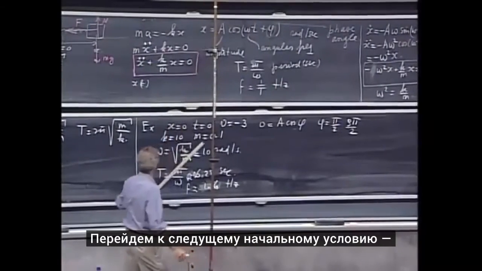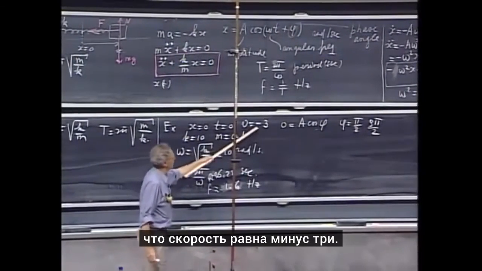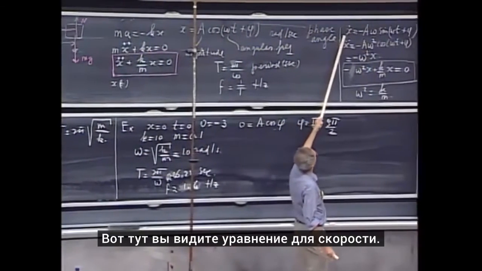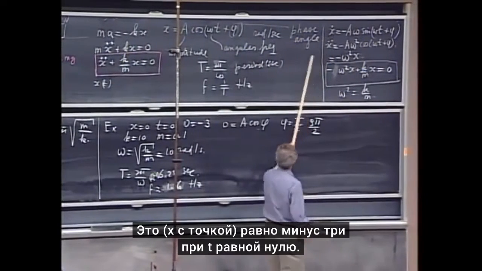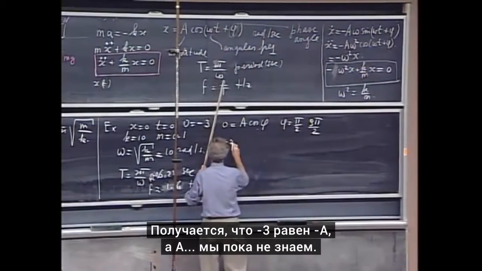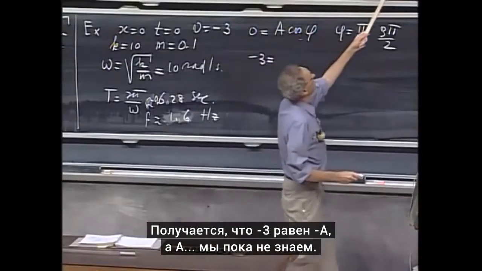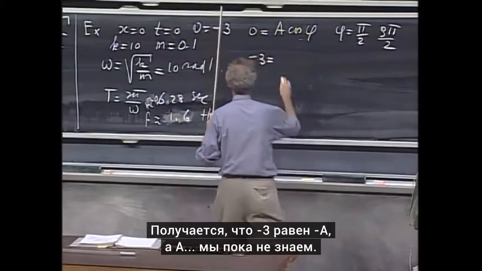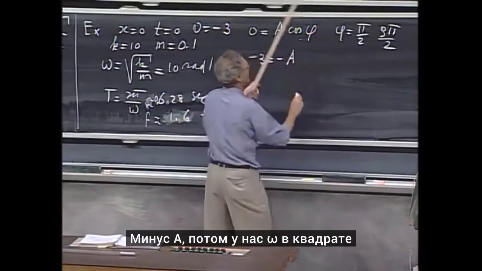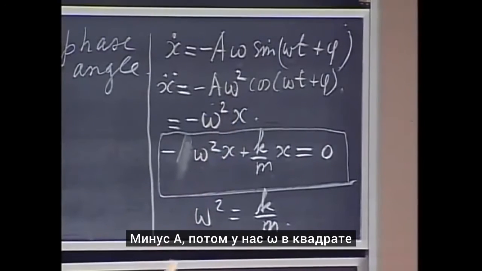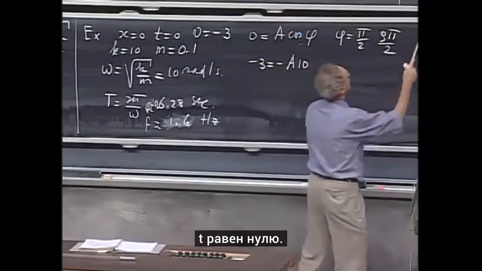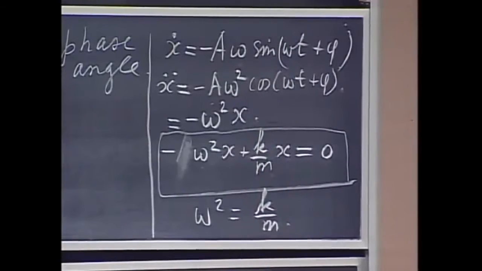Now I go to my next initial condition, that the velocity is minus 3. Now here you see the equation for the velocity. This is minus 3 at t equals 0. So minus 3 equals minus A, and A we don't know yet, times omega squared, which is 10, and t is 0, I get the sine of phi.